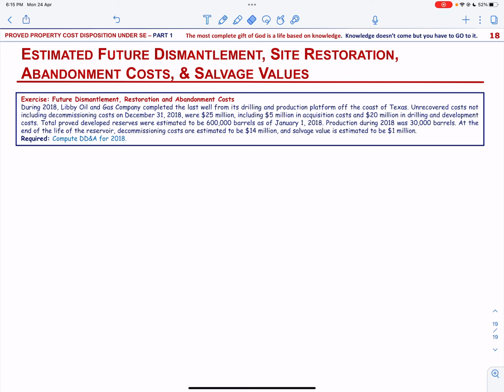So let us look into the cost to be amortized. So we have the acquisition cost, and the acquisition cost is 5 million in acquisition cost.